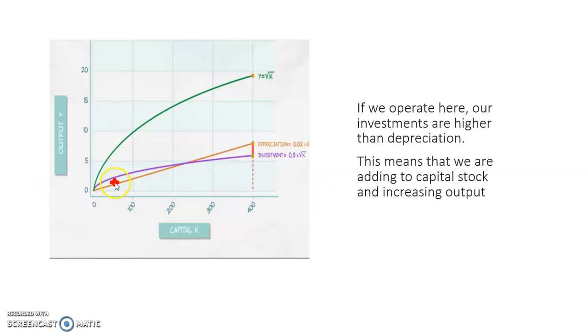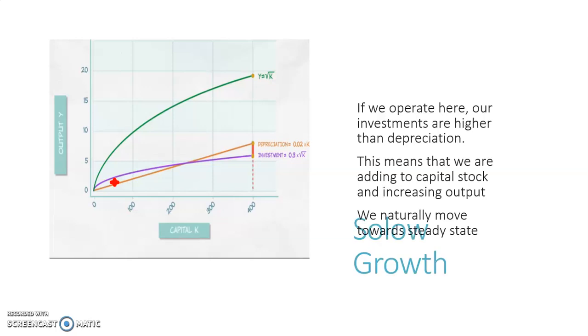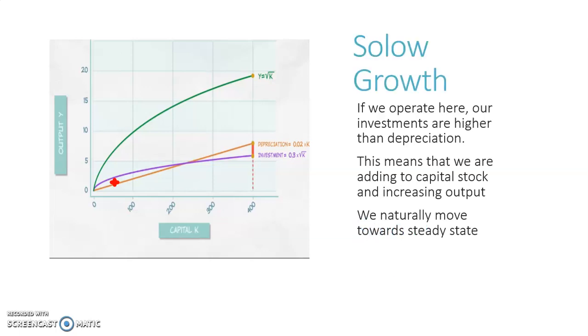And it also comes over to this side, going through the depreciation to match the investment line. That means that investment is a higher percentage than depreciation, and that's a good example. And then it says we naturally move towards the steady state. And this is also called Solow growth.